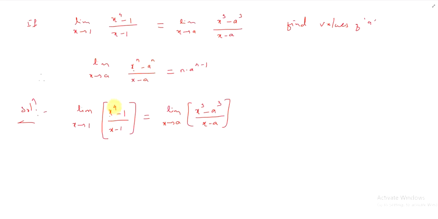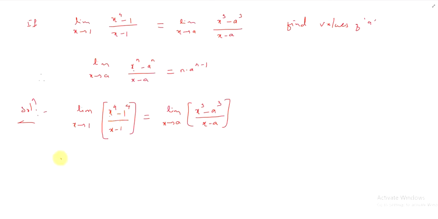x raised to n is there, but what about a raised to n? So we can take the power as n, that is 4. If you do this, it doesn't matter, because 1 raised to any number, 4 or 5 or anything, is equal to 1 again.